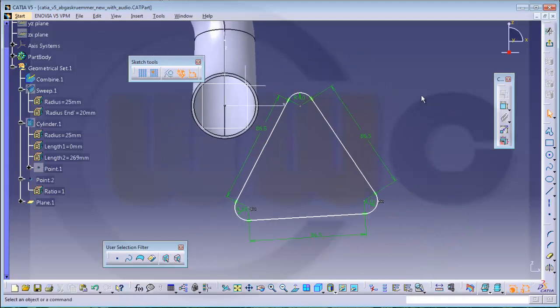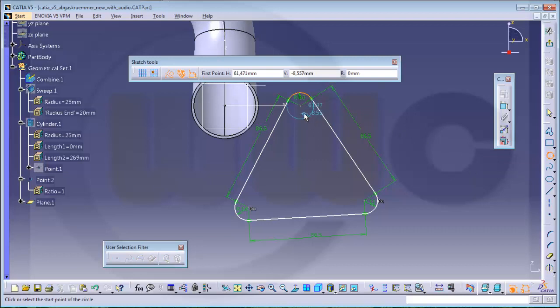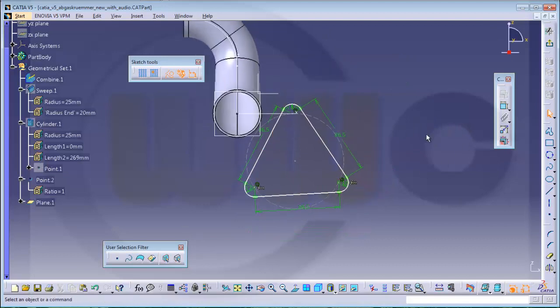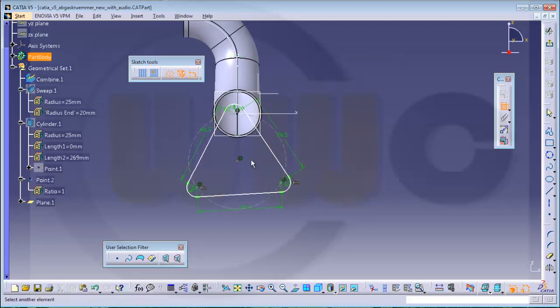Then I need a 3-point circle for construction purposes. Let's take a look. There it is, which should be through these 3 points. Now I can adjust this point on this axis, coincident, and on that axis as well.